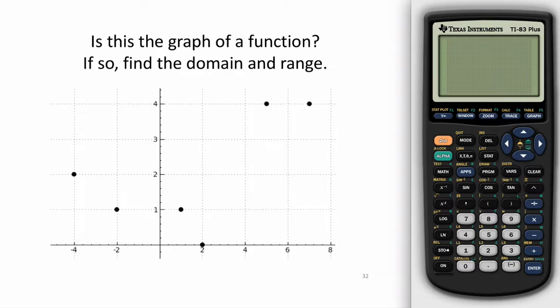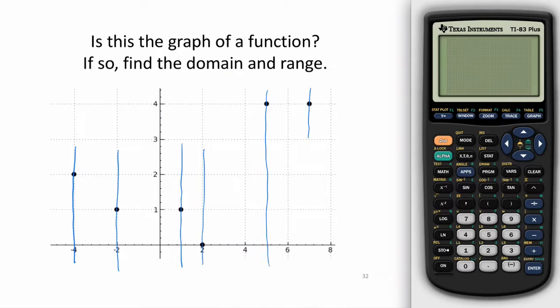Since I'm looking at a graph of a function, I'm applying the vertical line test. Every vertical line intersects this graph at most once. For this graph, there are 1, 2, 3, 4, 5, and 6 vertical lines that intersect the graph.